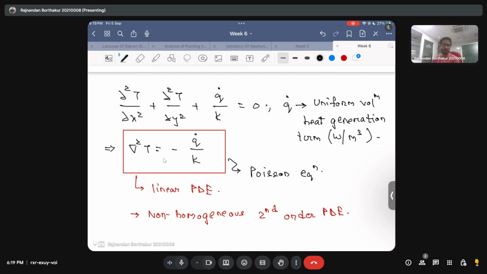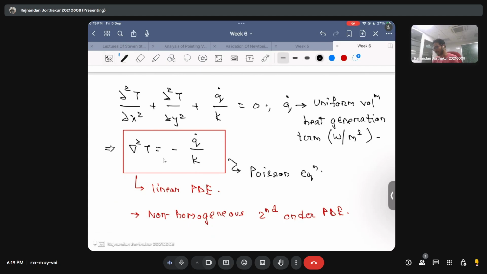Rest assured, to solve a 2D heat transfer problem with constant heat generation, you can use the method of superposition along with the method of separation of variables to evaluate the temperature profile. And we will see that at the end of this discussion.